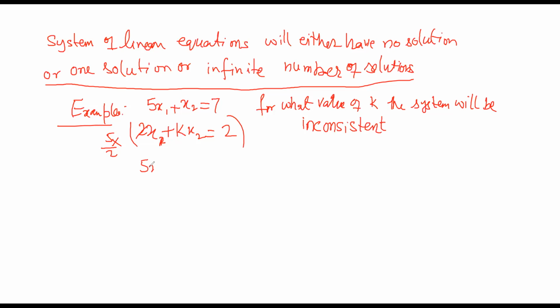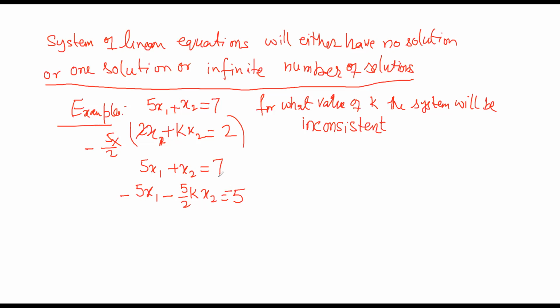Then 5x1 plus x2 is equal to 7. And if I multiply the second equation by minus 5/2, it will be minus 5x1 minus 5/2 kx2 is equal to minus 5.